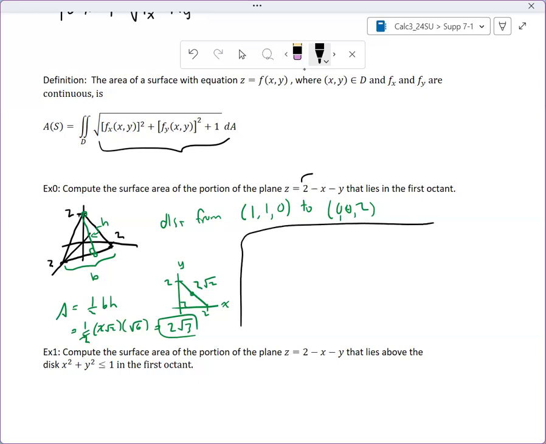Okay, so z equals f of x, y here. Partial f with respect to x is -1. Partial f with respect to y is -1. And of course, f_x squared plus f_y squared plus 1 equals 3, and that's under the square root.